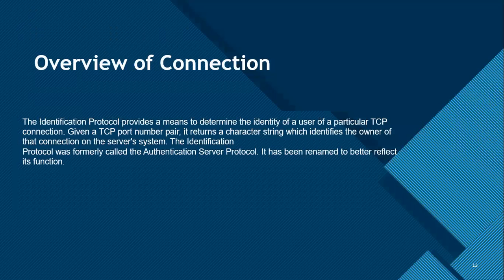A server listens for TCP connections on TCP port 113 decimal. Once a connection is established, the server reads a line of data which specifies the connection of interest. If it exists, the system-dependent user identifier of the connection of interest is sent as the reply.